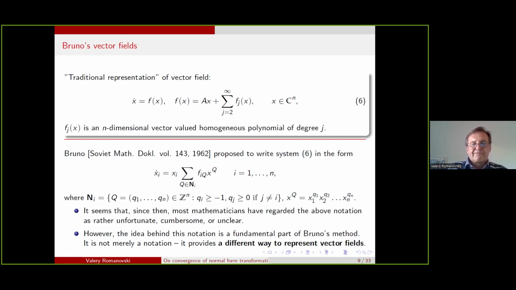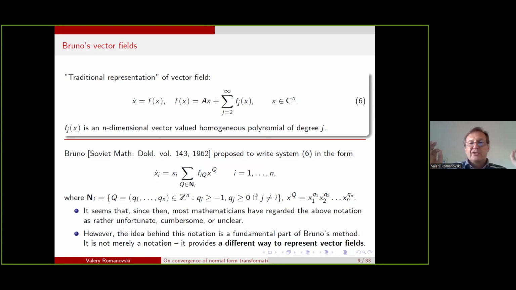What I mean here? Assume you have R2, a real plane, and you take a point on the plane. You can represent this point on the plane using Cartesian coordinates, so you can have coordinates x1, x2, or you can represent this point using polar coordinates, so you can have a polar radius and a polar angle.